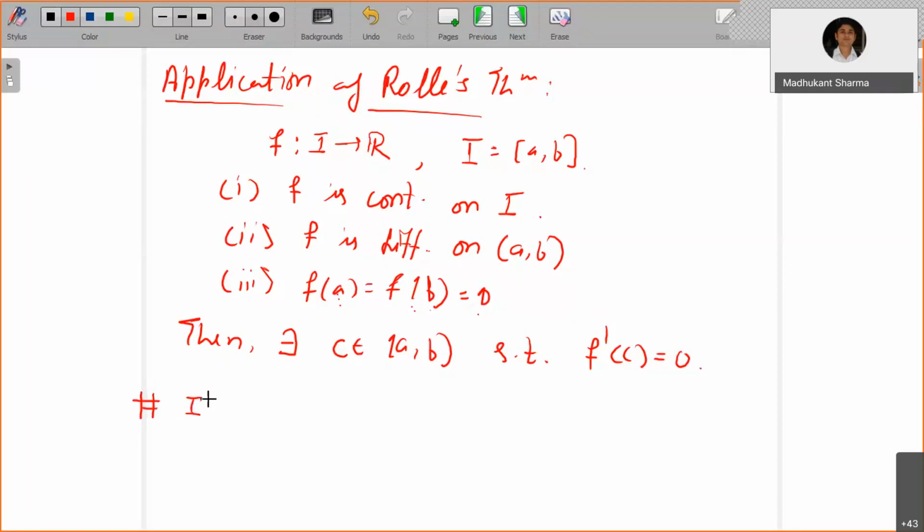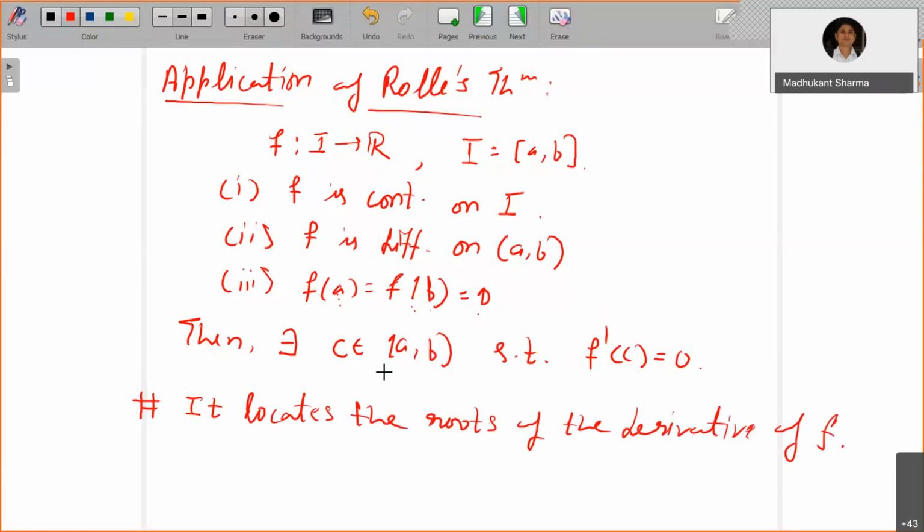What it says is that it locates the roots of the derivative of f.